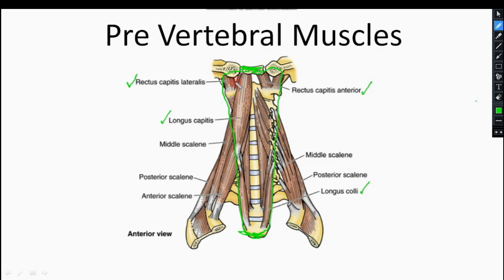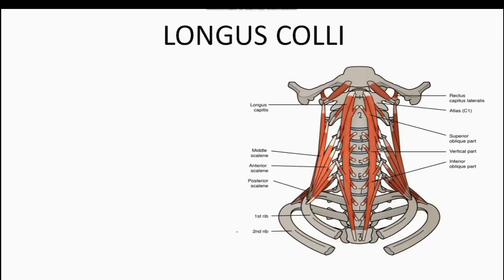They are present anterolateral to this vertebral column, and they all are covered by thick vertebral fascia, the deep fascia, which I mentioned, that is prevertebral fascia.